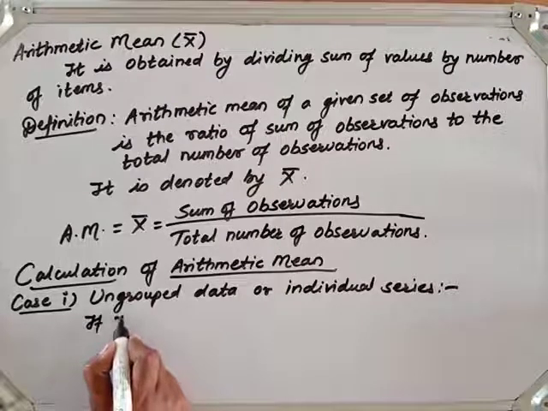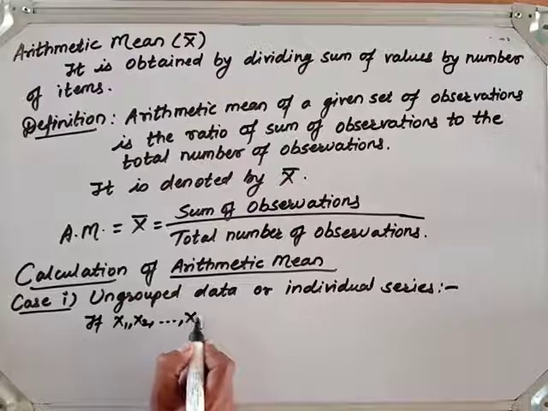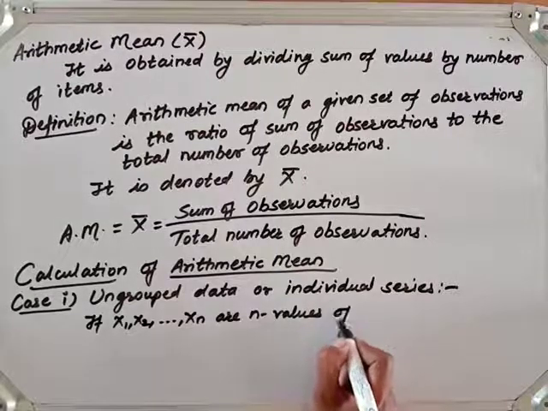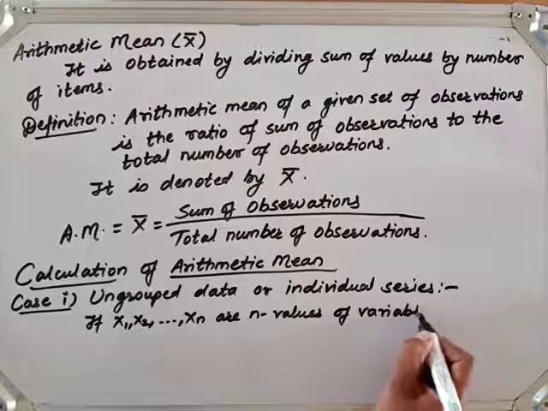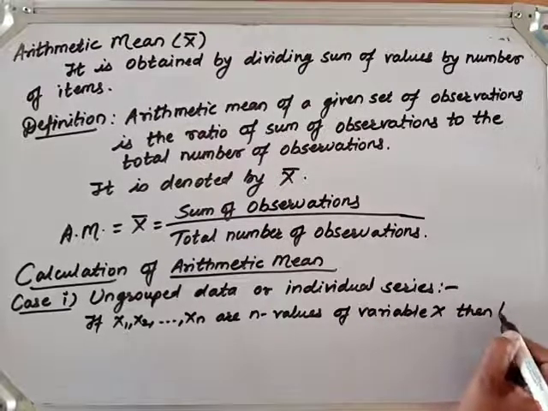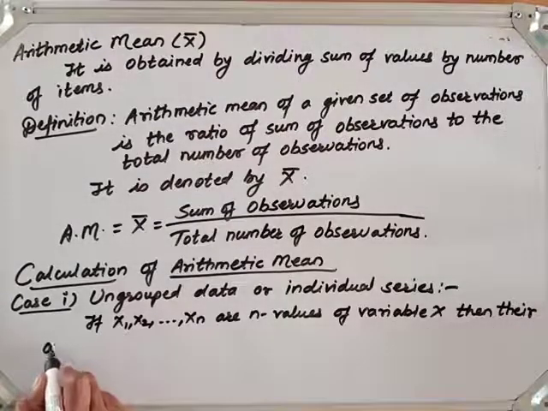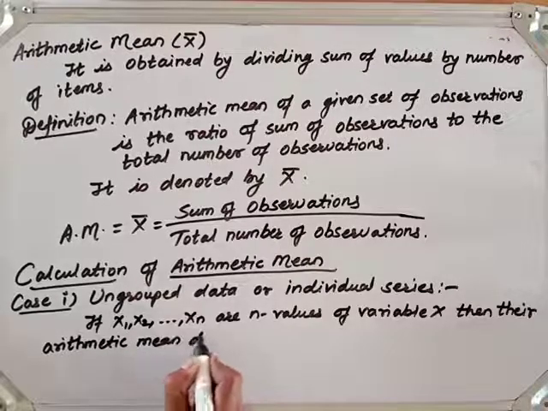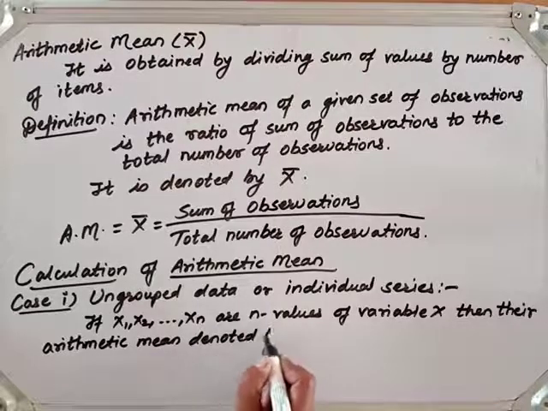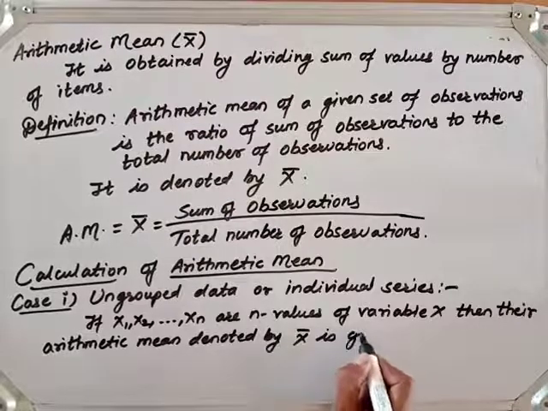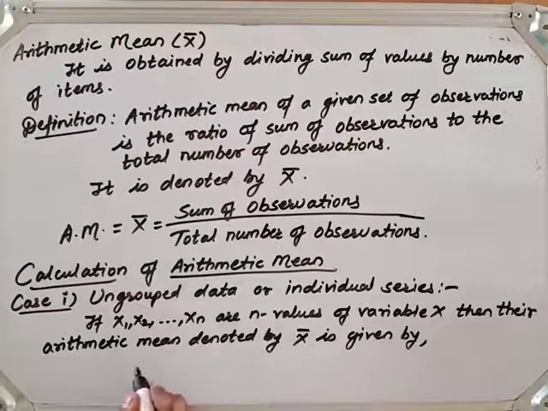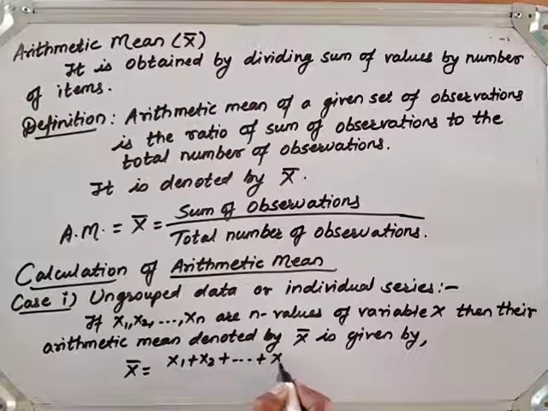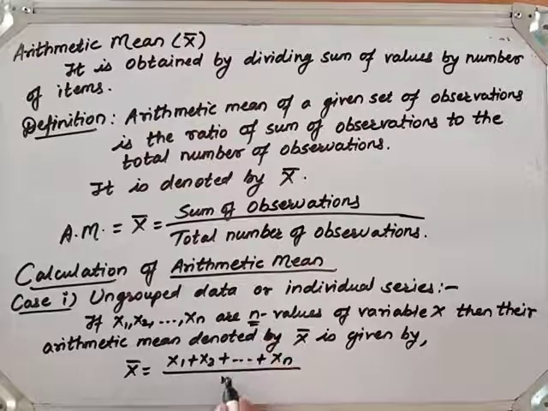So if x1, x2 and so on up to xn are n observations, n values of variable x, then their arithmetic mean denoted by x bar is given by x bar is equal to x1 plus x2 plus so on up to xn upon number of observations, that is n.